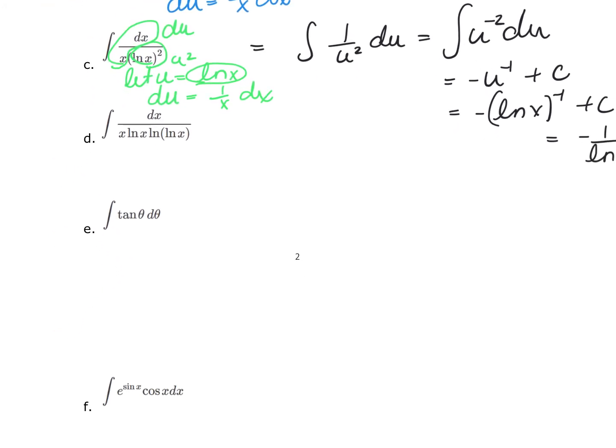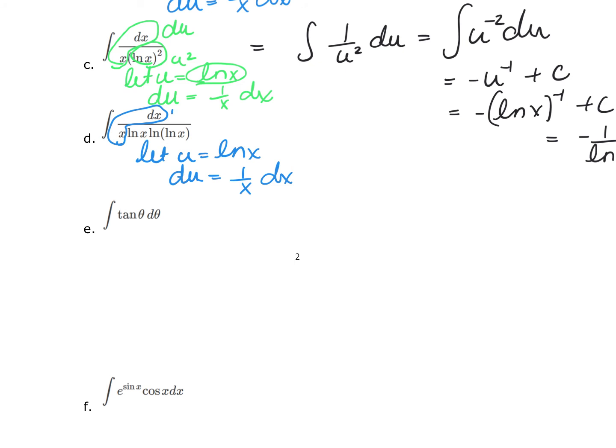All right, so I have the natural log of the natural log of the natural log, and there's some natural logs in there. Seriously, there's a lot of natural logs. So I'm going to start out with let u equal the natural log of x. Du is going to equal 1 over x dx. Just got so excited about those natural logs.